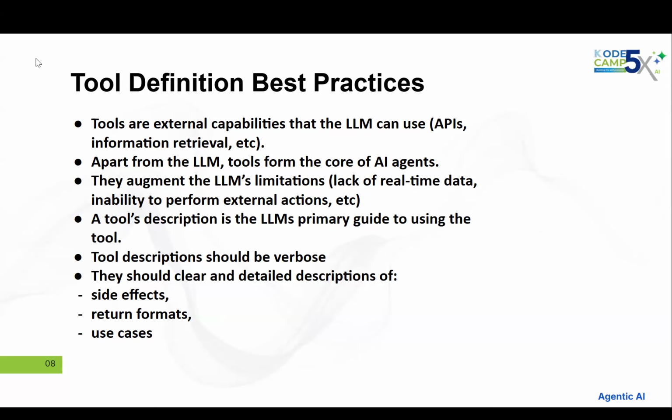Those functionalities that are beyond the LLM capabilities are its limitations. It's just like the LLM is the brain, the tools are the hands that allow the agent to do something. The LLM is the brain that controls the entire agent. I think that would be a fair analogy.